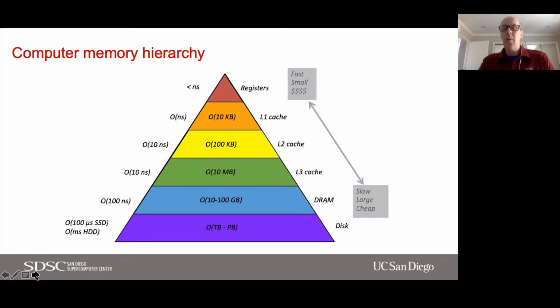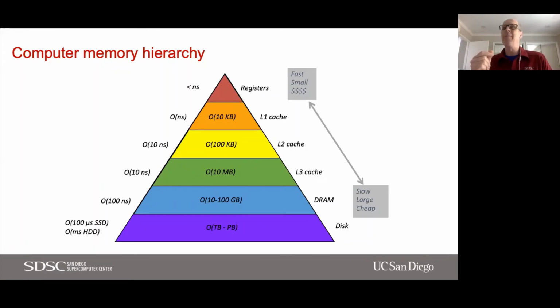Those of you who are coming from computer science have probably seen a figure something like this at some point. This is the computer memory hierarchy, usually shown as a pyramid, because at the top we have registers, which have very, very small capacity.